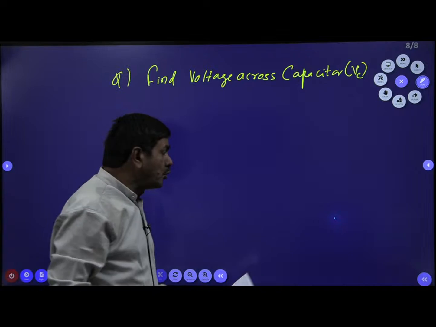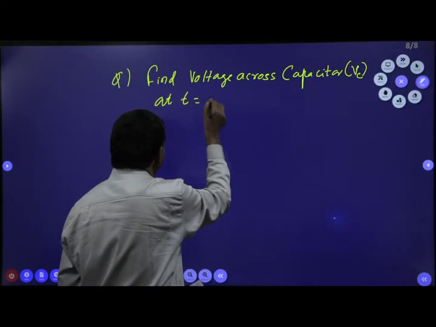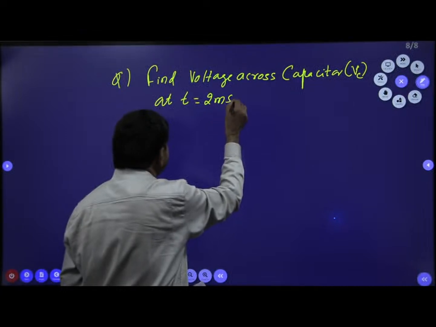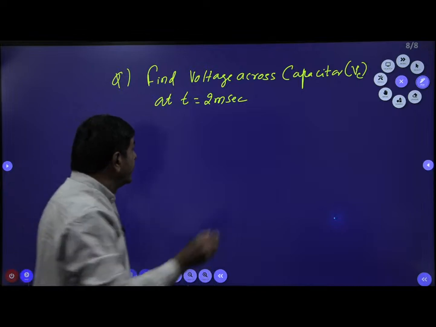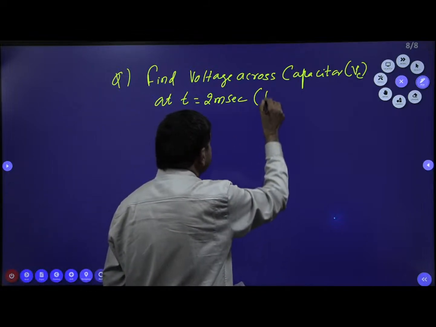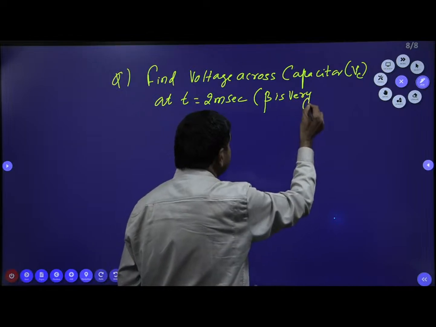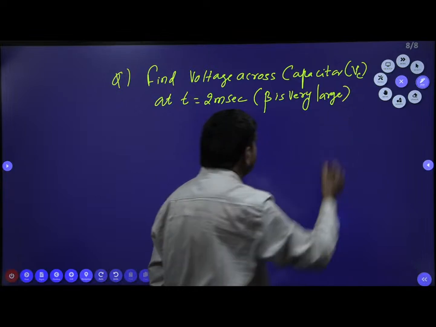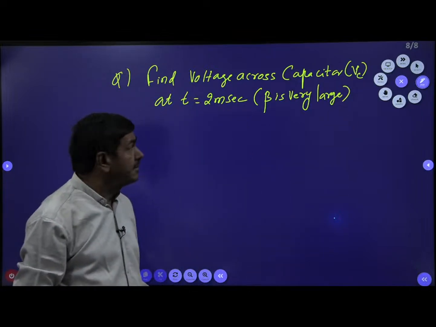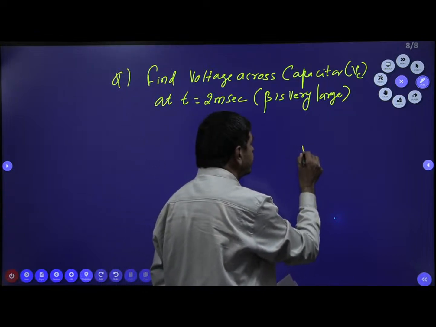At t equal to 2 milliseconds, given in the problem. In the bracket it is given that beta is very large. We know very well that when beta is very large, base current is approximately equal to 0. Here the network is given in this way.